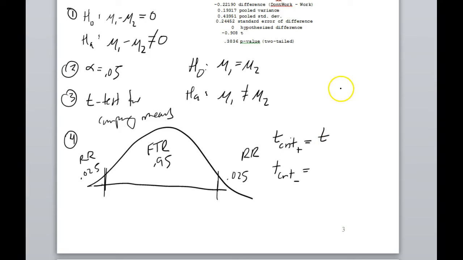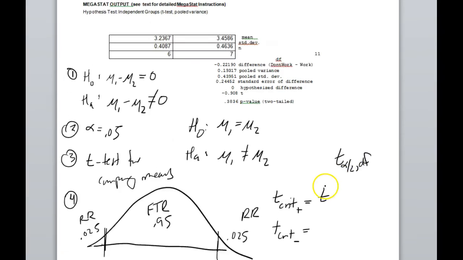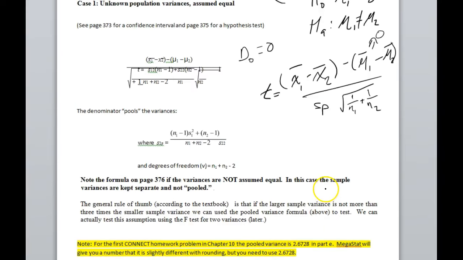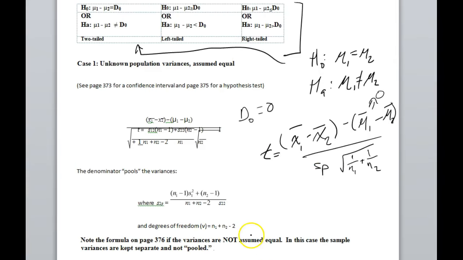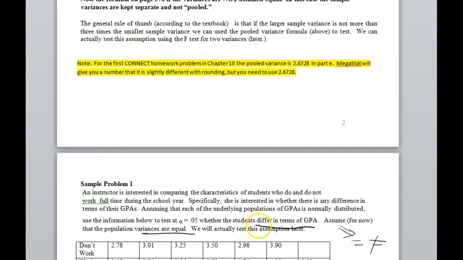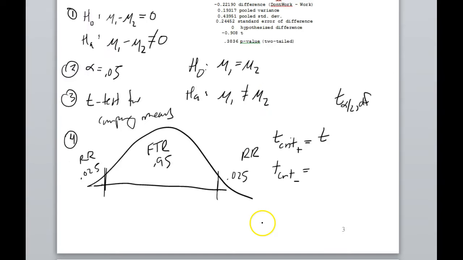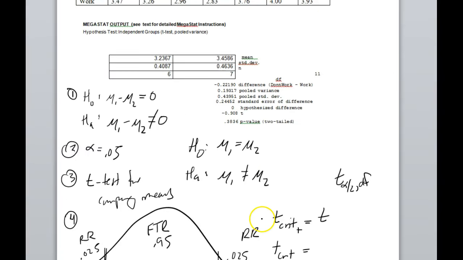so remember what we do is we always have t alpha half, comma, the degrees of freedom, right? So the degrees of freedom for this type of distribution is going to be n1 plus n2 minus 2. Okay, so that's how we calculate degrees of freedom here. So let's go up here and just calculate this for the heck of it.